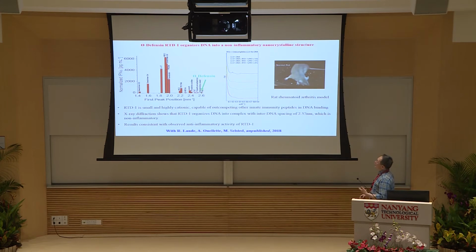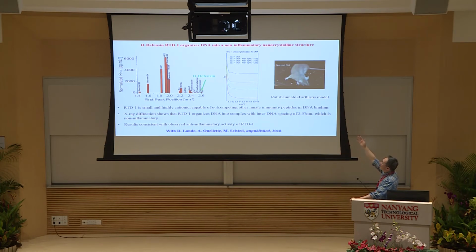And when we looked at the X-ray diffraction picture from Theta defensin, what we find is that it packs the DNA together so closely that it puts it way, way out of the pro-inflammatory range, as you can see from the picture on the left. But now it gives you actually a very interesting idea, because now what you can think of is a kind of competitive binding between these Theta defensins and your pro-inflammatory peptides.